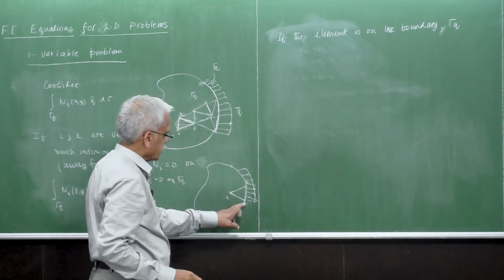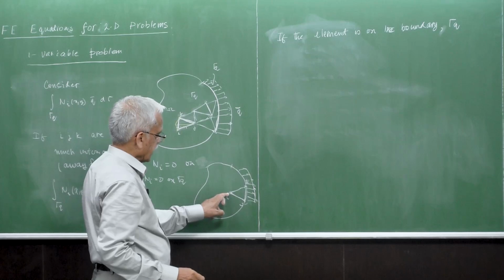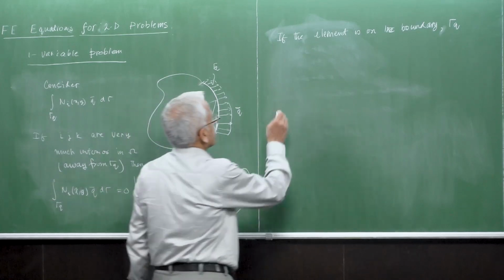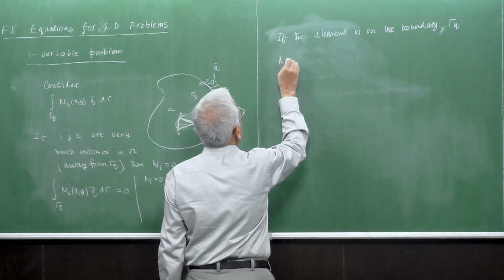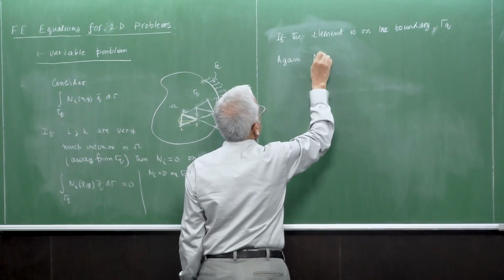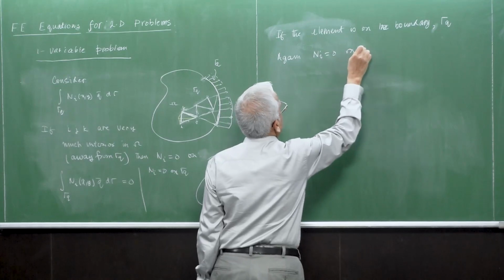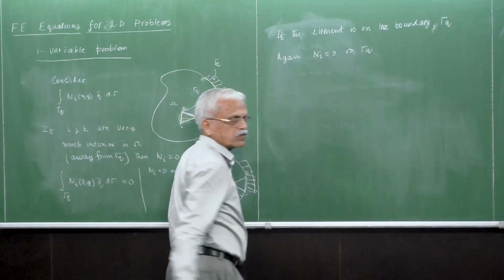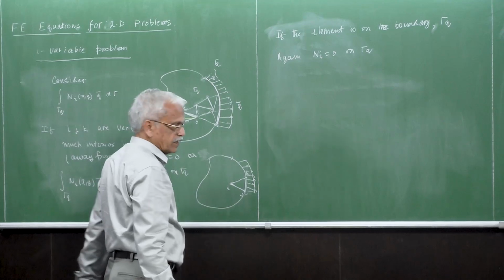Here, this is i, this is j, this is k here, and Ni again is equal to 0 on gamma q. So the point is interior.